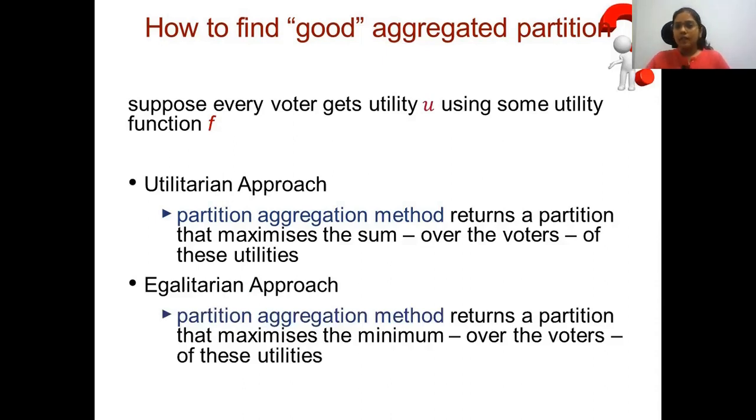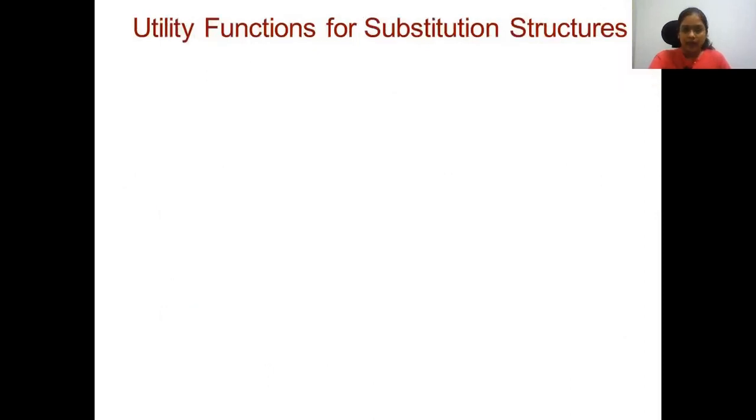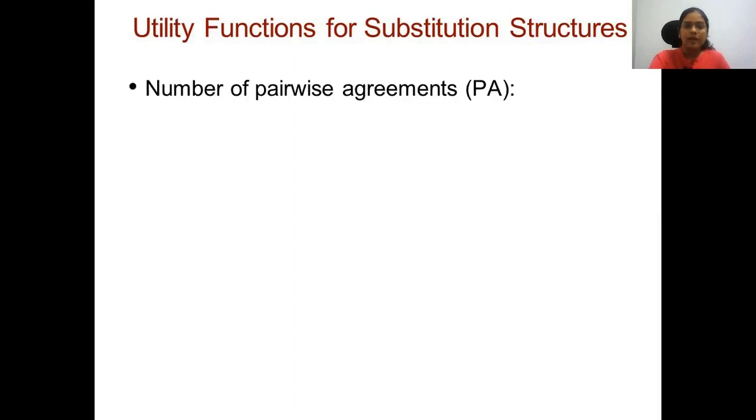So if we have the utility function F, then we have some aggregation functions. Now our next goal is to define this utility function F. I'll first define utility functions for substitution structures. The first utility function is the number of pairwise agreements.